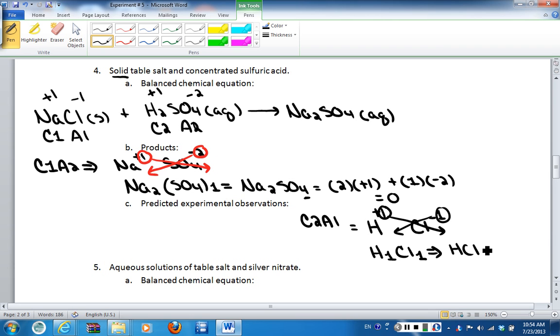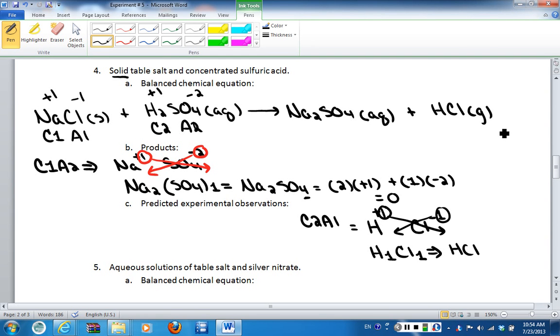So we have formed HCl, and in this particular case, HCl is actually going to be in the gaseous phase. If you look at your introductory reading, you'll see that this gas is going to form. Now, the last thing that we have to do is balance our chemical equation.